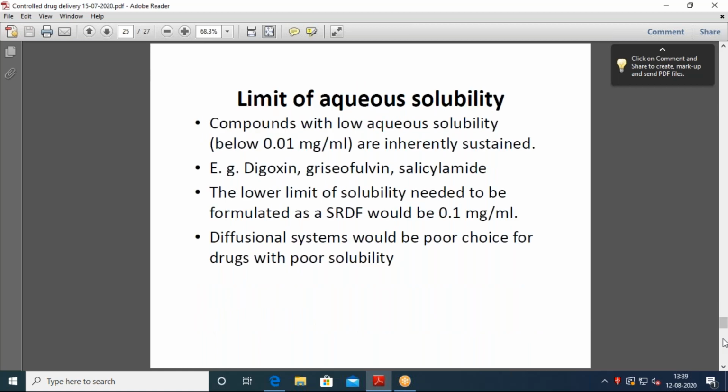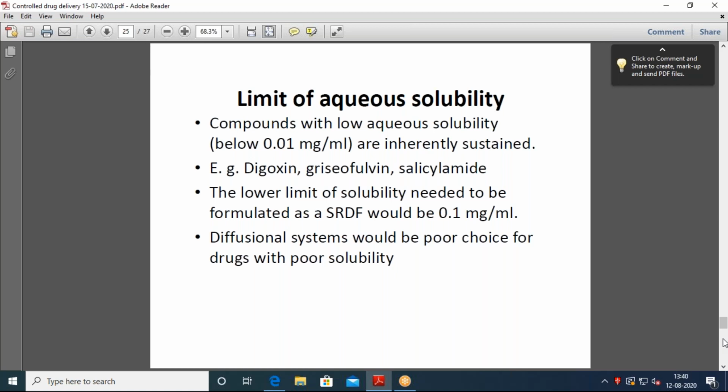All this may not be that relevant to you. This slide is important from now onwards, what you're able to see now. That is the limit of what you can call aqueous solubility. Next, we saw the pH, we saw the pKa. Next is what should be the solubility.